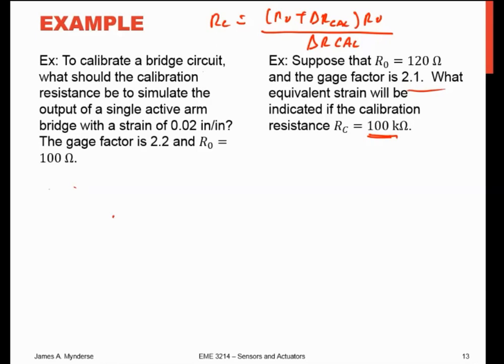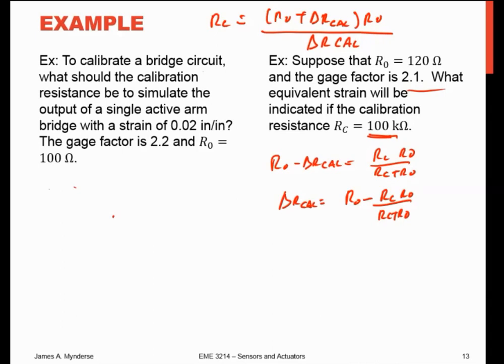If I go back to my equation for the parallel resistors, R0 minus delta R cal equals RC R0 over RC plus R0. I know everything except delta R cal, so I solve for delta R cal, which equals R0 minus RC R0 over RC plus R0.